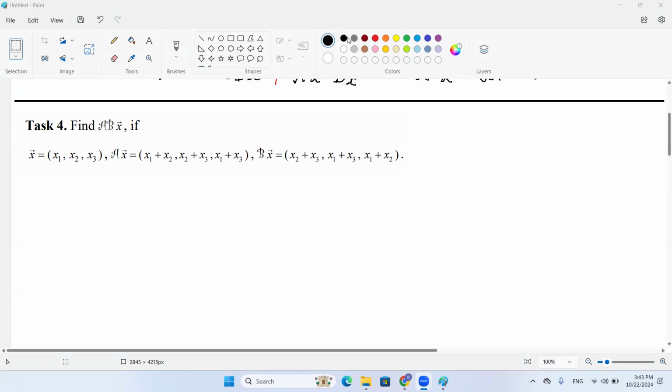I think that first we need to calculate the operator B on X, and after that operator A on the result of operator B. There is an easier way to solve this task. Of course, we can do it, but it's a little bit complicated.